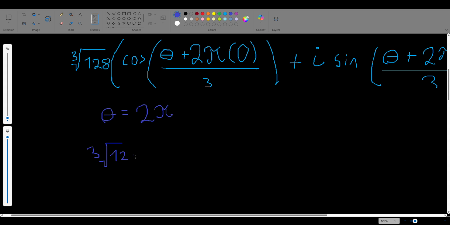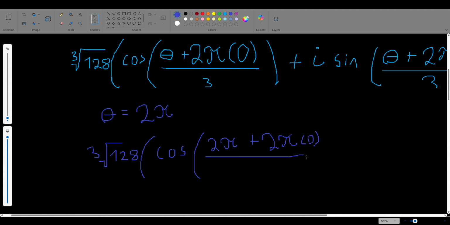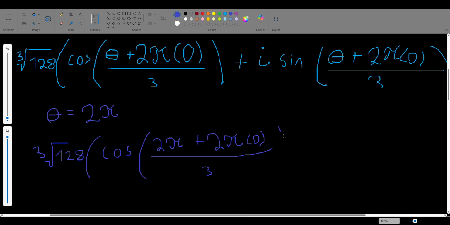So the third root of 128 times the cosine of 2 pi plus 2 pi times 0, which is just 0, divided by 3.